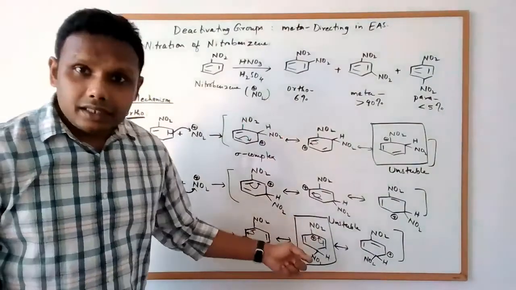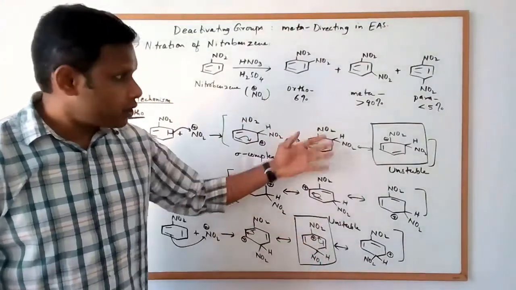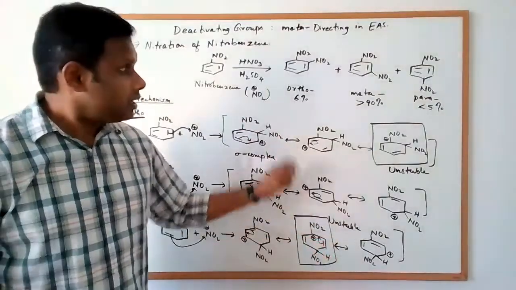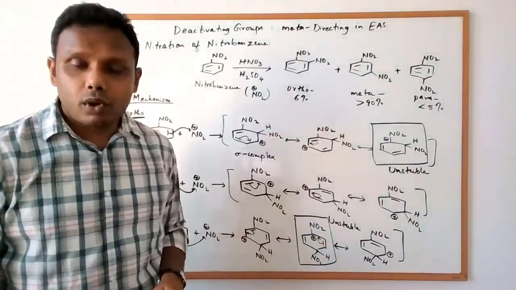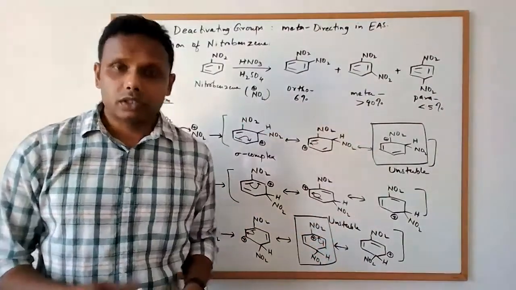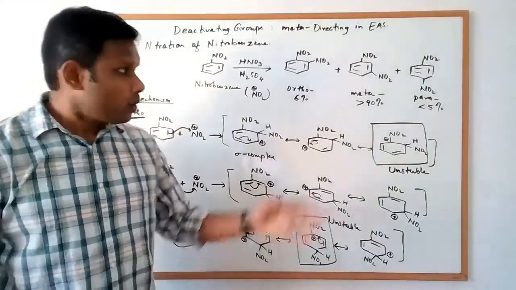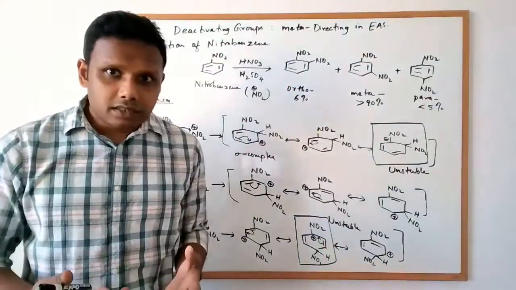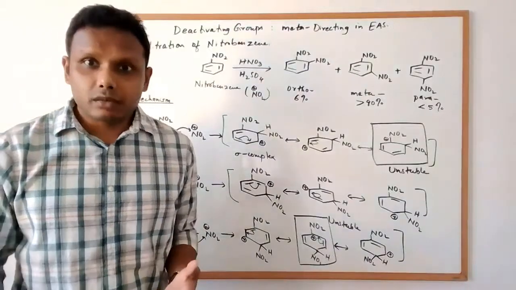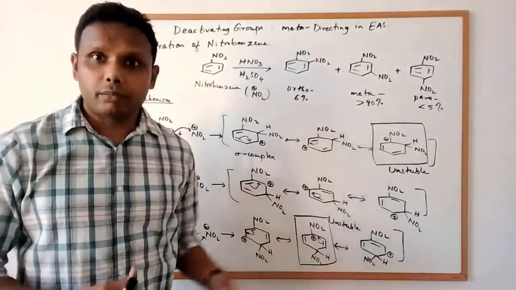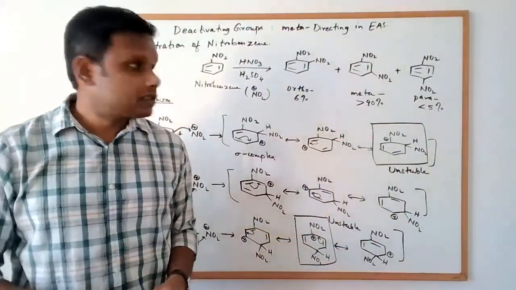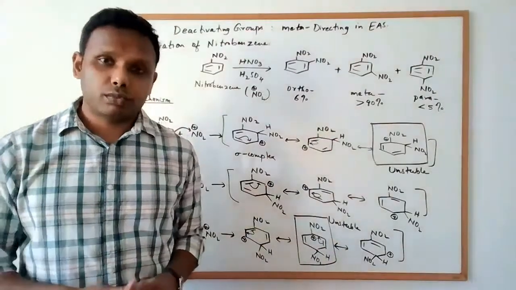So that destabilization that happens for the ortho and the para complexes, that explains why the meta product is the major product under these conditions. So the meta is not stabilized, but it is not destabilized like the ortho and the para sigma complexes. And that explains why the meta is the major product here.